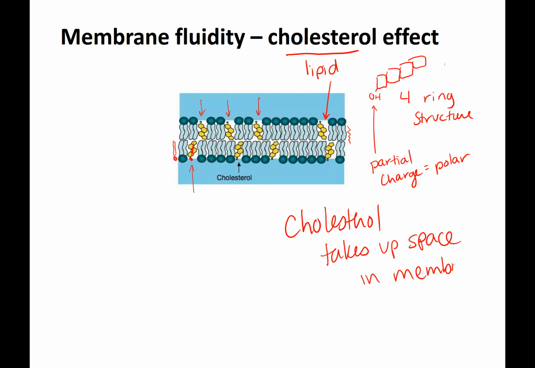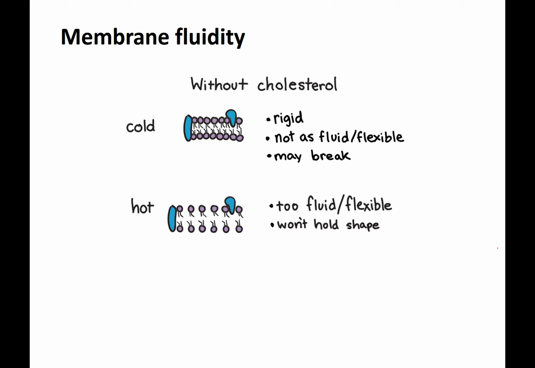So what is its influence on fluidity? Well, it depends on the temperature. So, without cholesterol, okay, these are both membranes without cholesterol. In the cold, it's rigid, it's not as fluid, not as flexible, right? It's packed tightly because we said temperature decreases fluidity.